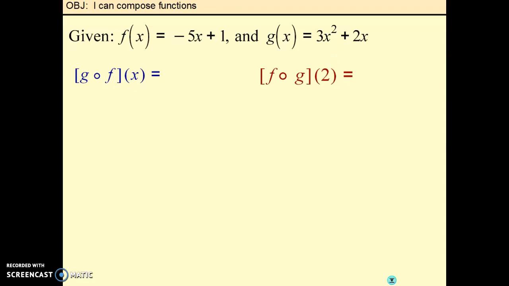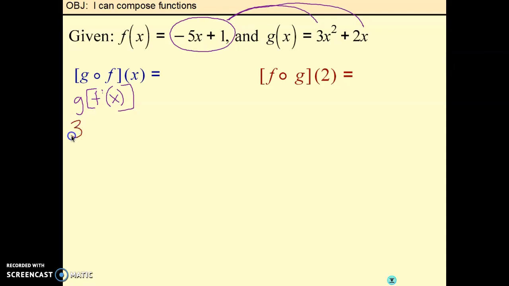So this first one in blue here is what we've been doing today, where we're just taking the function in terms of x and plugging it into the other function. So I'm going to take this f of x function and plug into g. Yay, you got to plug in twice and practice all that Algebra 1 fun, right?